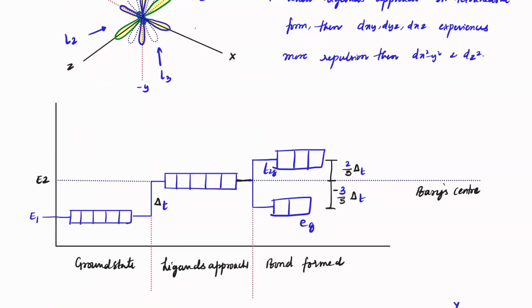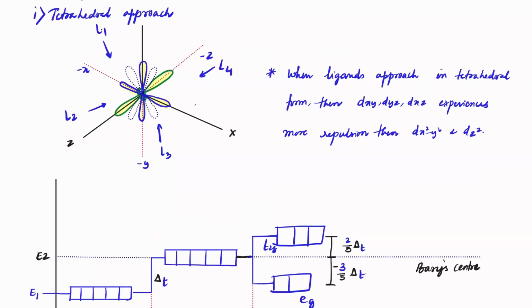Secondly, unlike earlier cases where the ligands were approaching head on and giving a large amount of repulsion to the orbitals along the axis, this time the ligands are not exactly coming in between at 45 degrees. So neither are they coming axially nor are they coming between the axis at an exact 45 degrees.